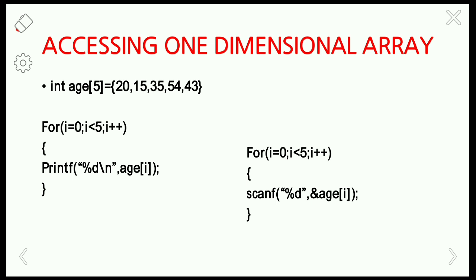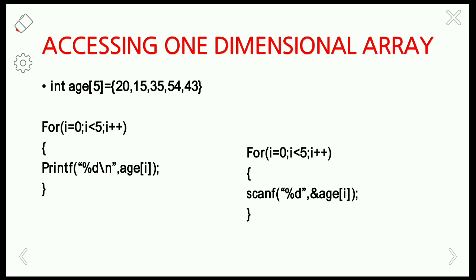In the array int age[5], the array name is age and its size is 5, which means it can store 5 ages of persons, and we cannot access all the 5 values just by mentioning the array name, that is age.